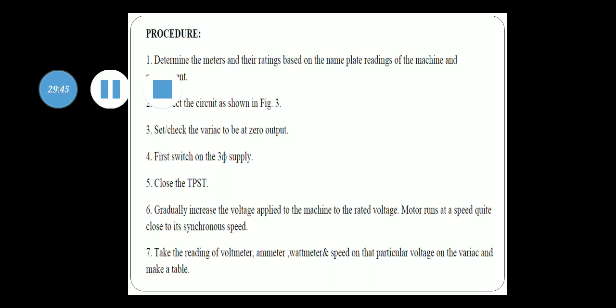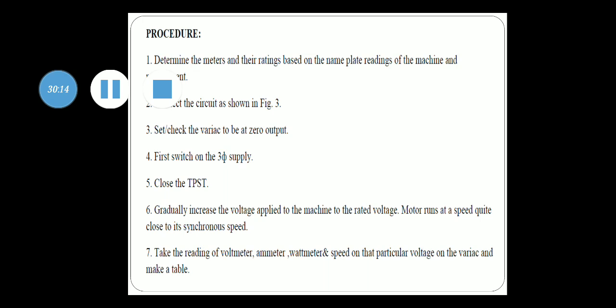Determine the meters and their ratings based on the nameplate reading of the machine. Then connect the circuit as shown in the figure. Check that the variac is at zero output. Here the variac represents the three phase auto transformer. Switch on the supply, that is close the TPST switch, then gradually increase the voltage applied to the machine to the rated voltage.